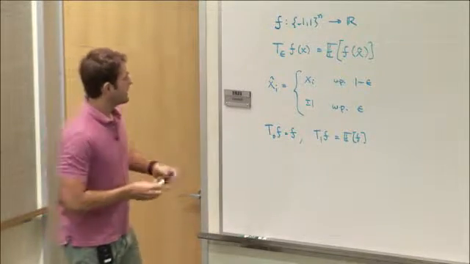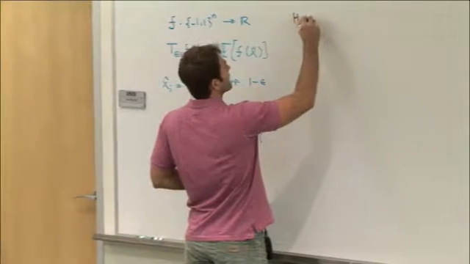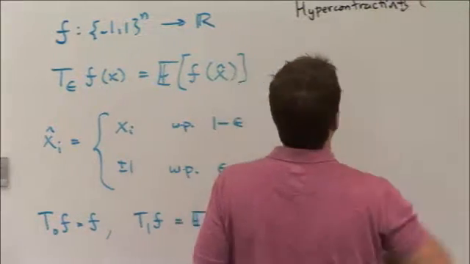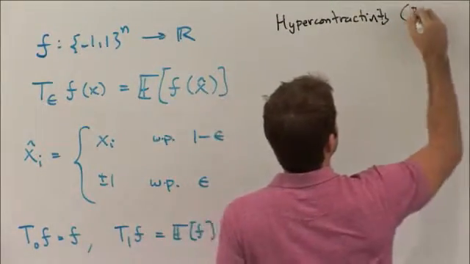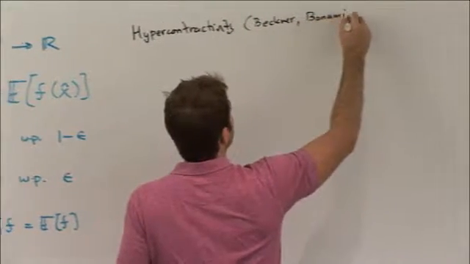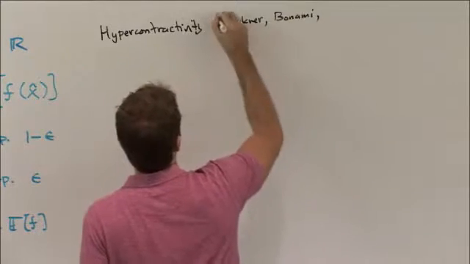And in fact, it is the case. So let me remind you about hypercontractivity. And here I will list some people in alphabetical order, so the listing of their names has no bearing on anything. It's a set.